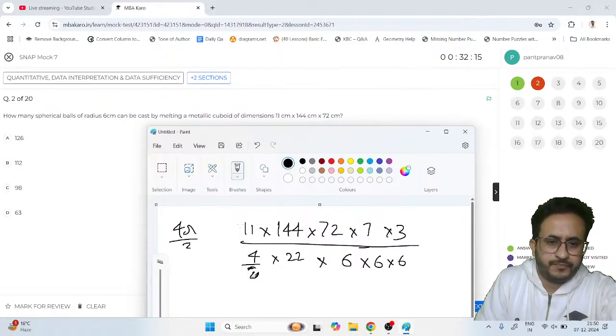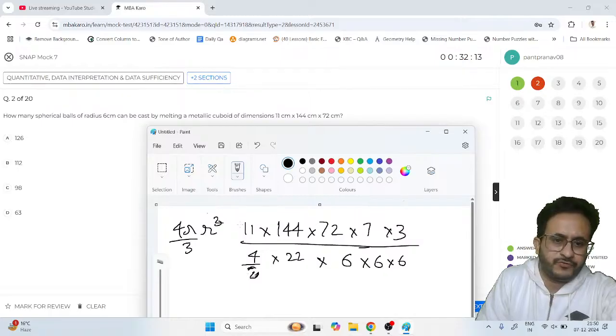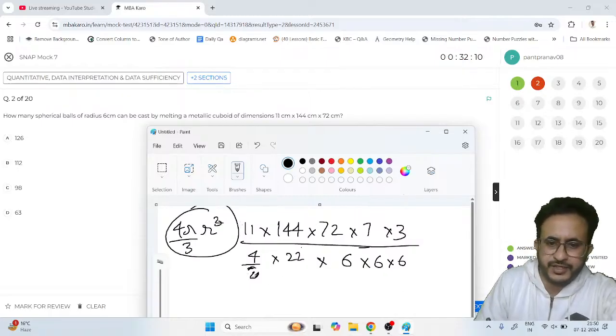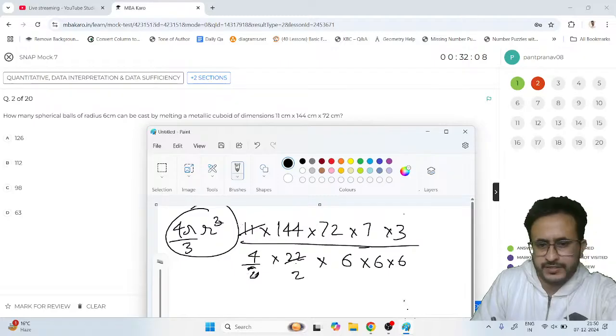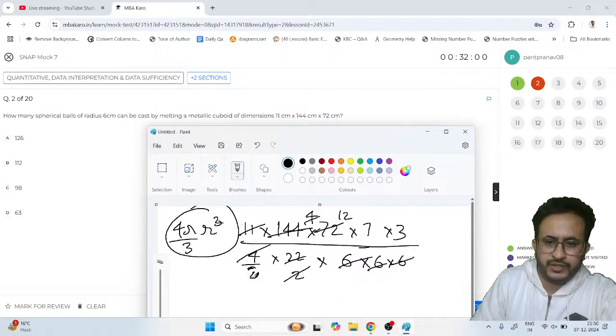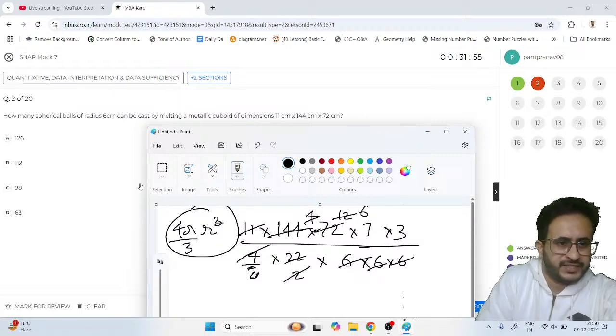This is the volume of a sphere, so that's what we have used here. So 11 into 2 is 22. Then we will have 6, 6, 36. 36 into 4, 6 into 12. And 4 and 4 are gone. 12 will be 6. 6 into 7 into 3. 42, 126.